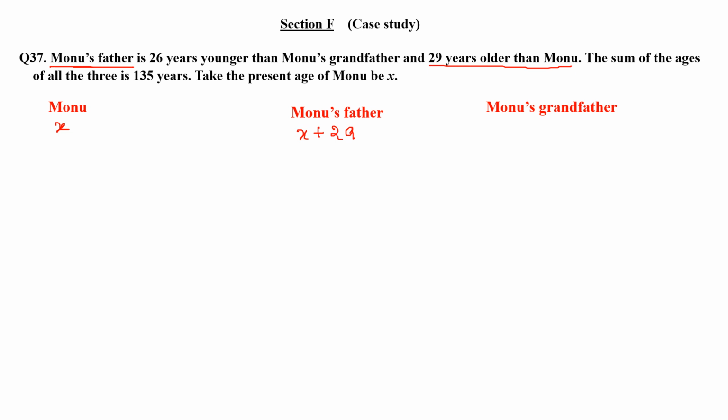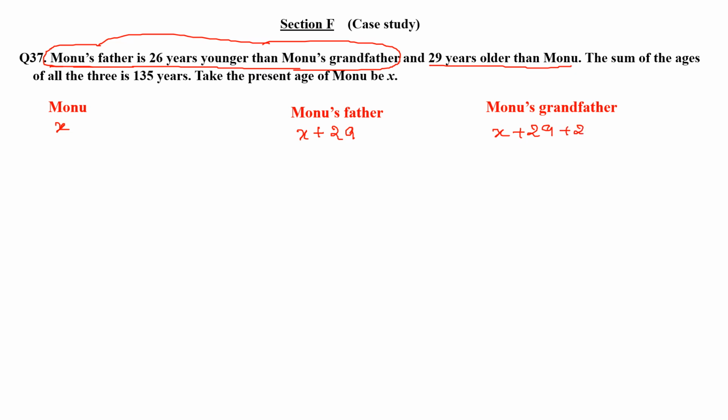And next it is given Monu's father is 26 years younger than Monu's grandfather. It means Monu's grandfather is 26 years older than his father's age. So it will be X plus 29. This is Monu's father's age. Grandfather will be 26 years older than him.